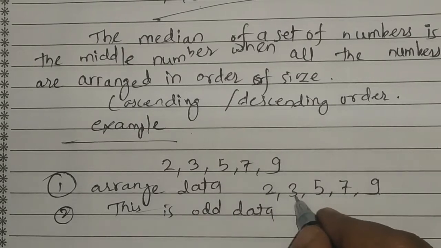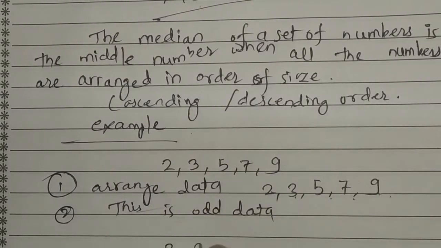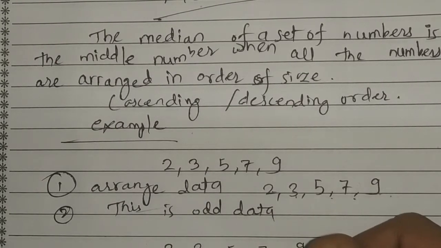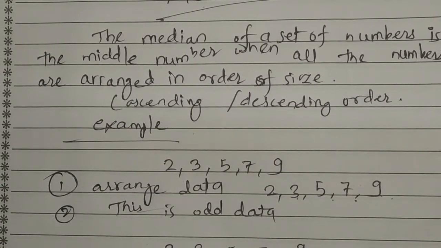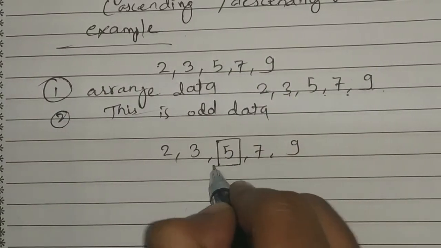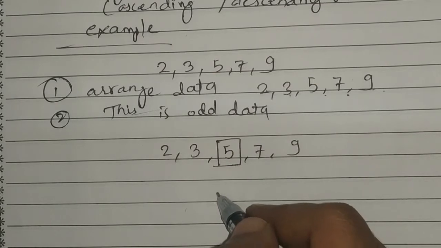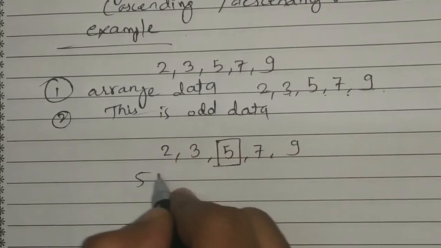Whenever the odd data is there, then the median of this set of numbers is very easy to find out. You can just select the middle number here. So here 5 is the middle number. So therefore 5 is the median.